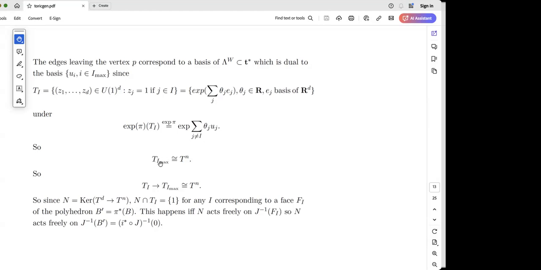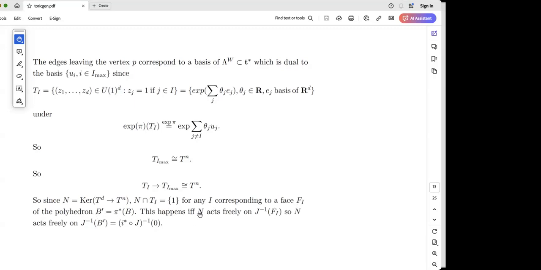So T sub I of I max is isomorphic to T to the n. So since N is equal to the kernel of the map from T to the d to T to the n, N intersect T sub I is the identity for any I corresponding to a face F sub I of the polyhedron delta prime.